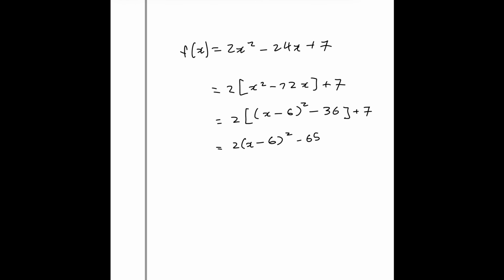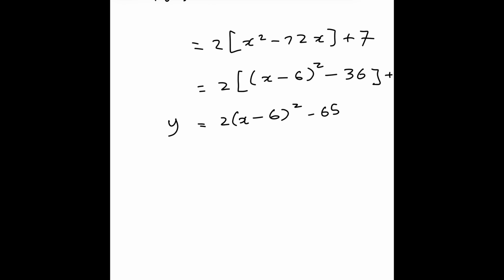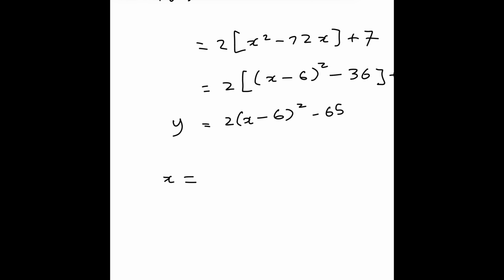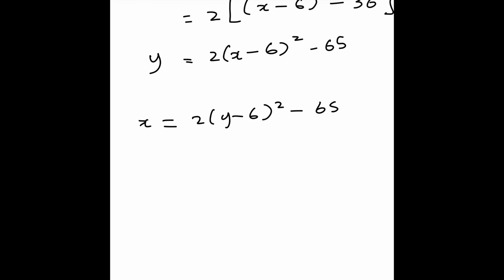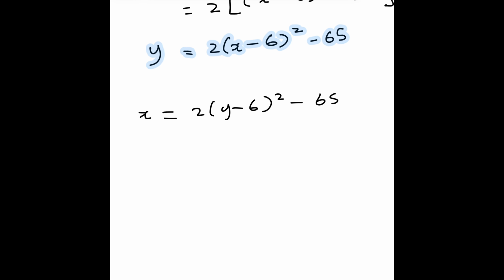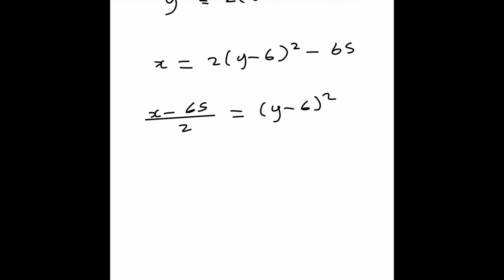Right. So to find the inverse, we first set this to y, and we replace the positions of the x and the y's. So this is going to be what it is now. And we want to rearrange for y. So how should we do this? It's x minus 65, divided by 2, equals y minus 6 squared.